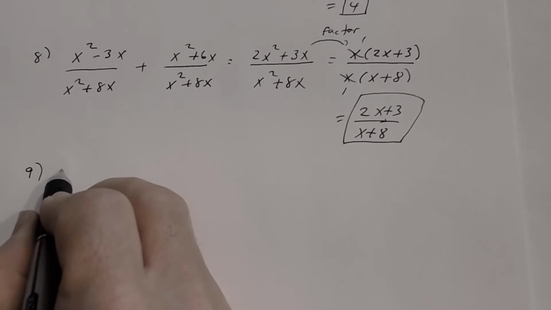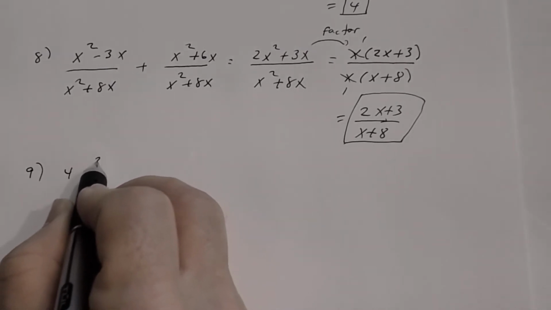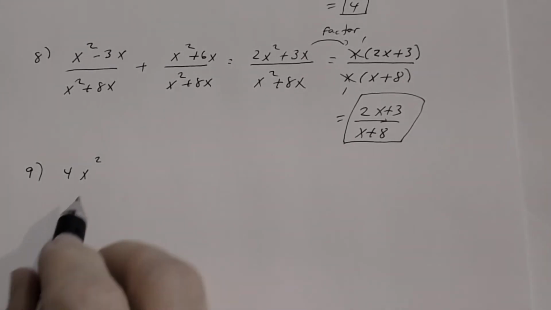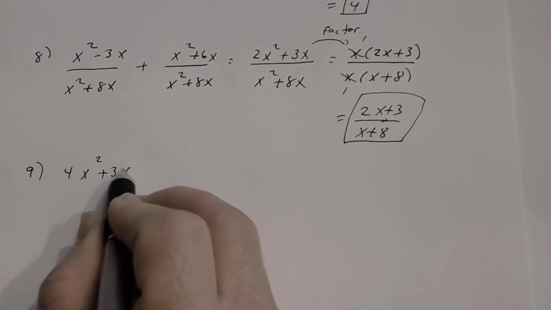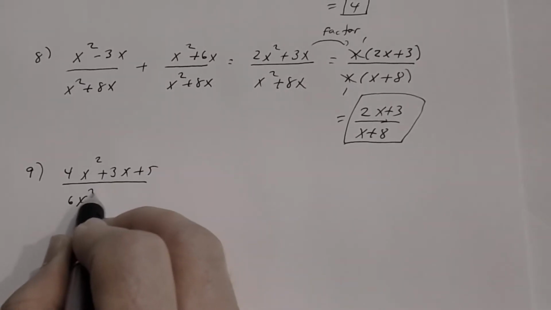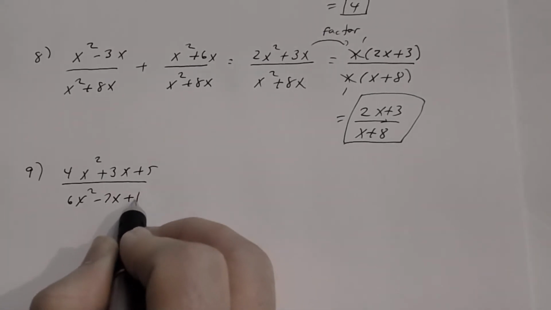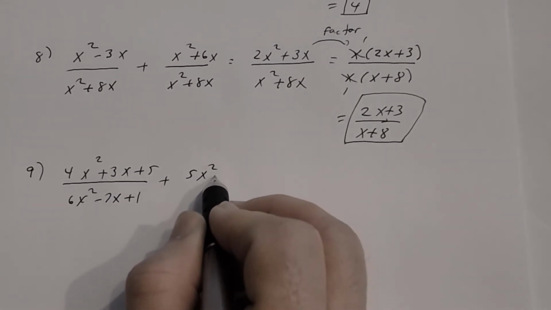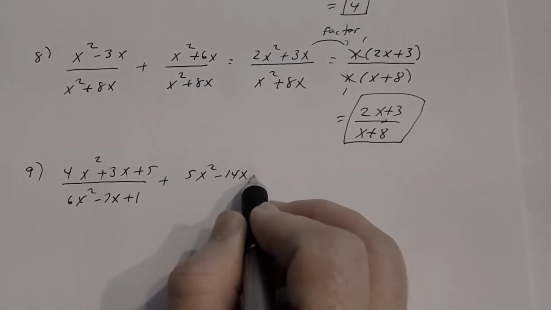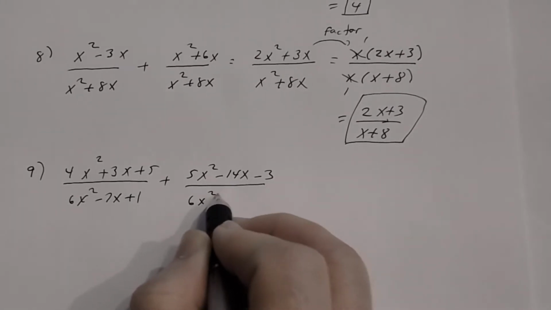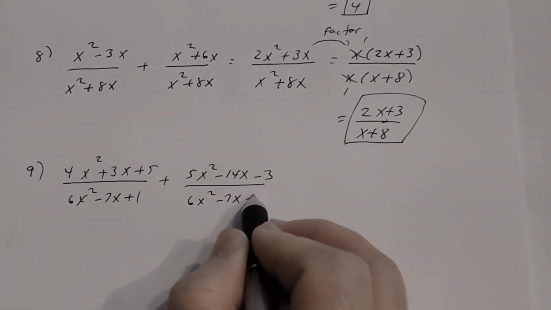We have 4x squared plus 3x plus 5 divided by 6x squared minus 7x plus 1, and you're adding that to 5x squared minus 14x minus 3 divided by 6x squared minus 7x plus 1.